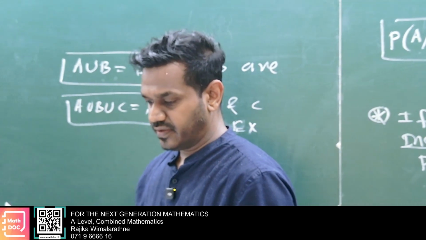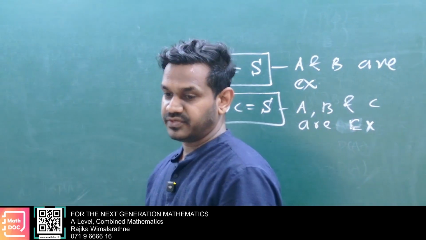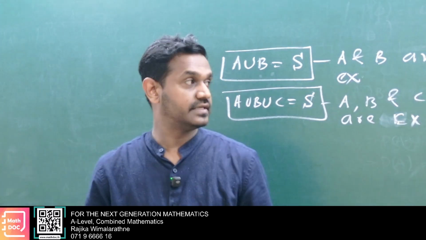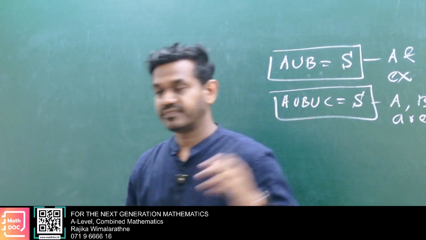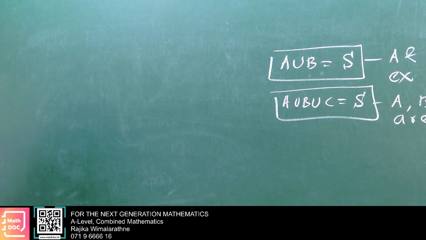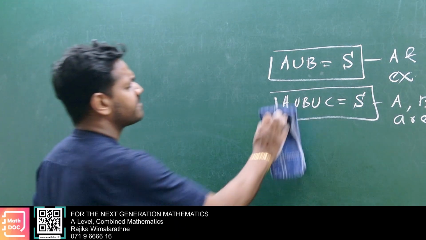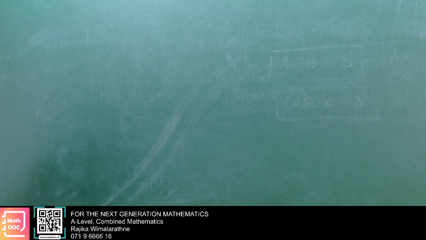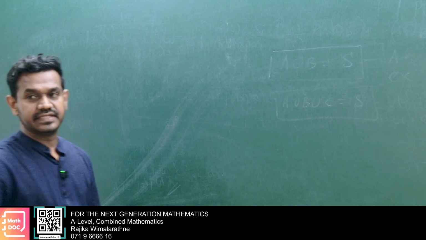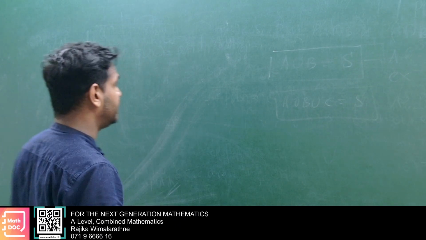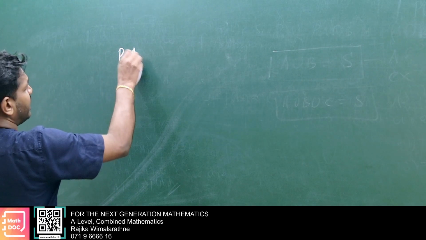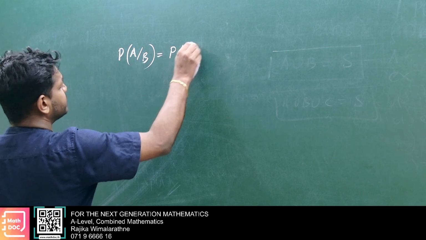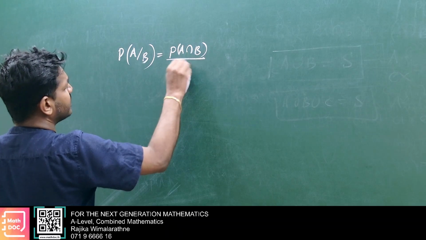Okay. Now we have only one thing to discuss. I'll go a little further. Before that, see this. I gave you conditional probability now: P(A given B) equals P(A intersection B) over P(B).